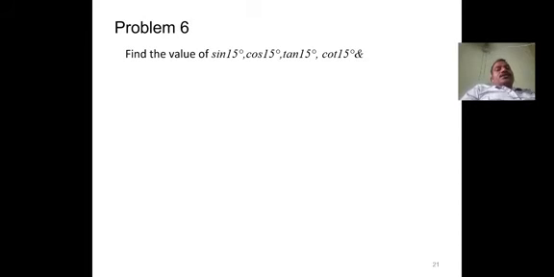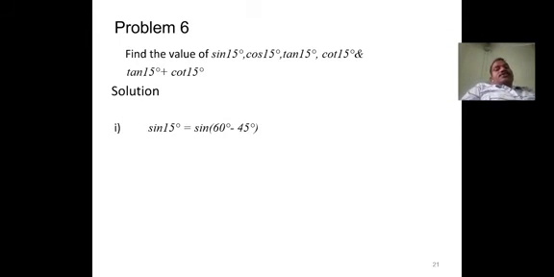So the sin 15 you can write as sin 45 minus 30 or sin 60 minus 45. So I'm taking sin 60 minus 45. Sin 60 minus 45 is sin of A minus B formula, sin A cos B minus cos A sin B.